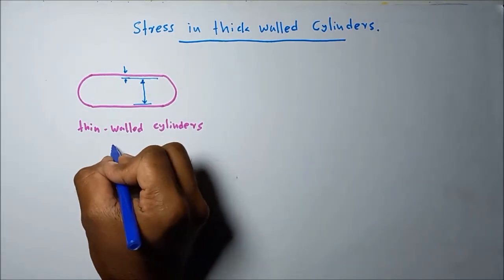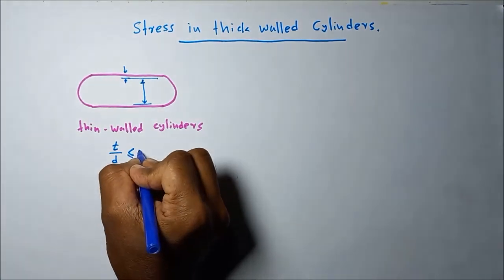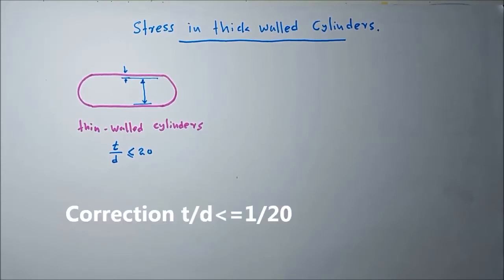Normally, when the thickness to diameter ratio is less than or equal to 20, we categorize it under thin wall cylinders. The membrane stress analysis method is used to calculate the stress developed in such cylinders.